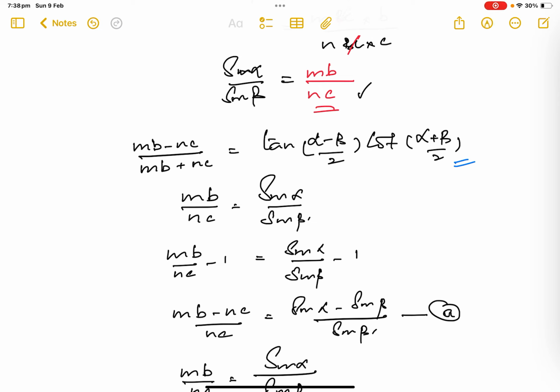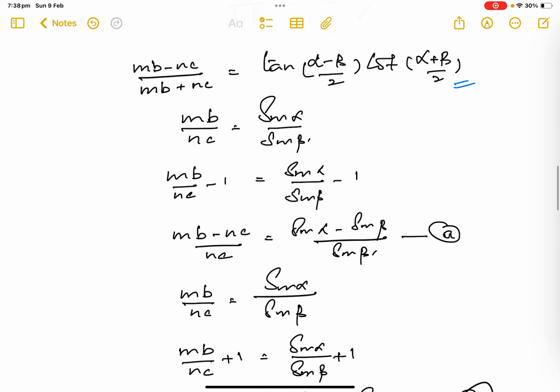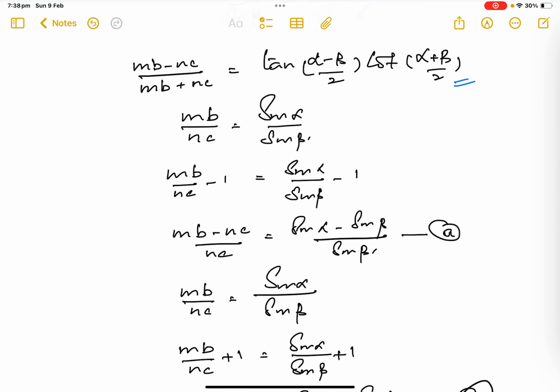What we know from the first part, Mb over Nc equals sine alpha over sine beta. That's the first part. As I said, hence is a very strong word in it, so that will help with the second part. We are using the first part, which we proved: Mb over Nc equals sine alpha over sine beta. All I have done is subtract 1 from both sides to get Mb minus Nc.